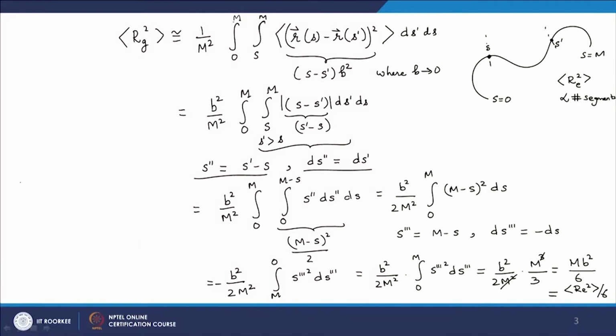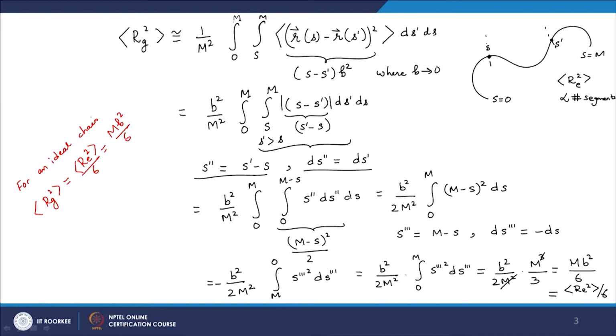So, what we have derived is, for an ideal chain, Rg square is Re square by 6, again ensemble averaged, and this is equal to m b square by 6.